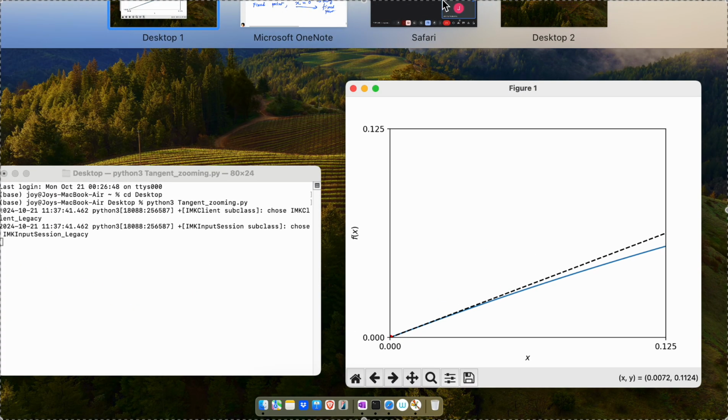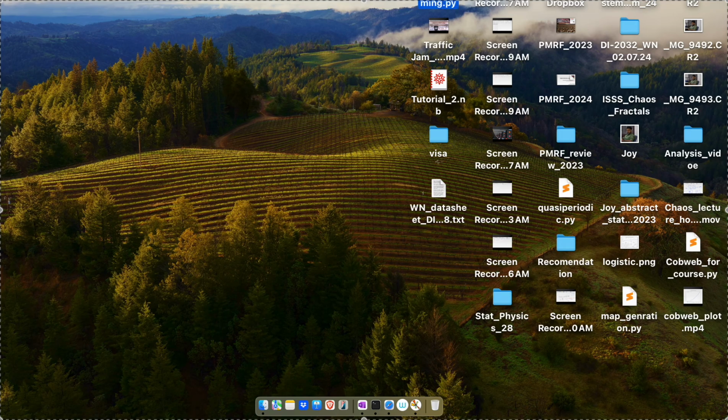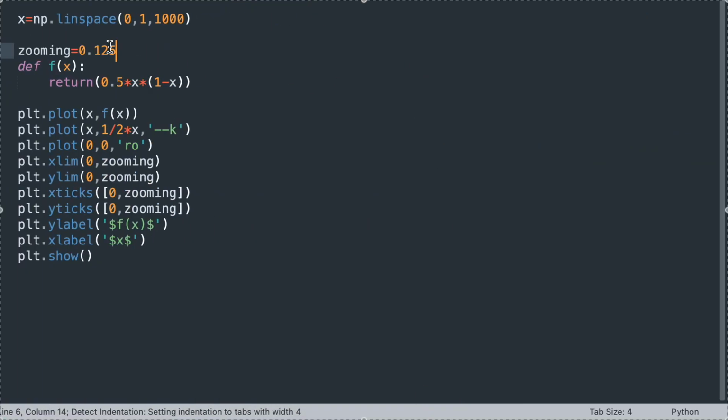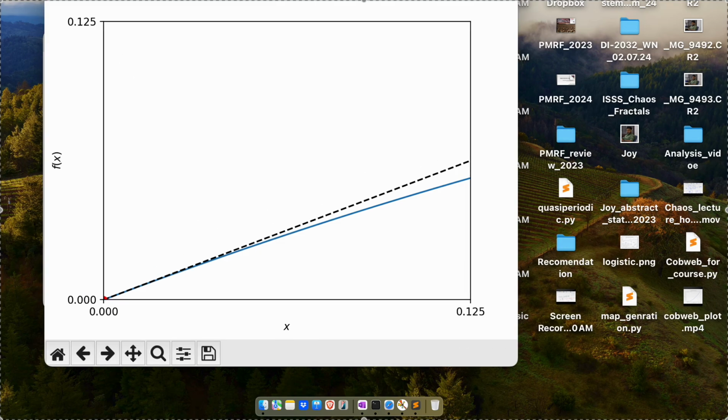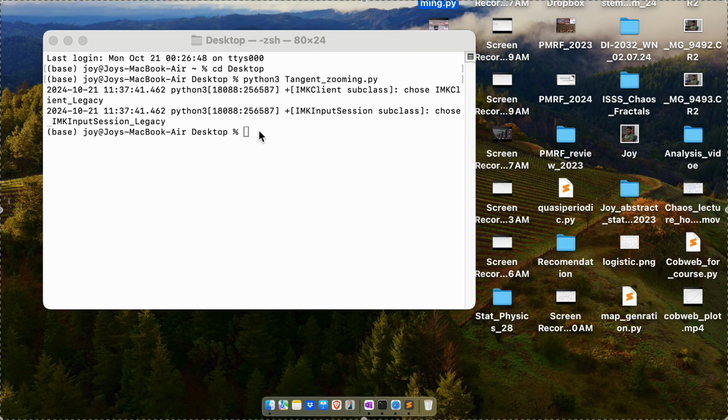Let me first go to this map, and see the full version first.